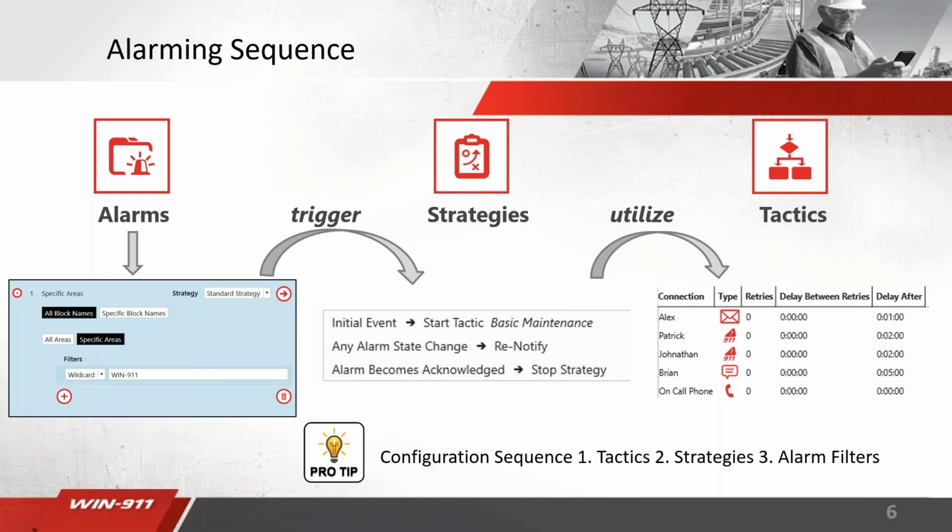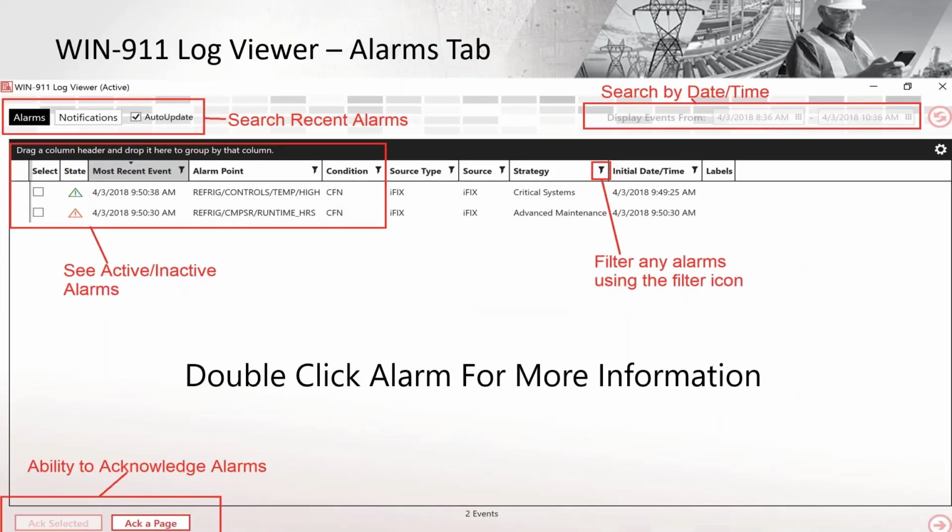What are you doing in the strategy? Its initial event starts a tactic, and then that tactic is your call out list. So alarm goes to the strategy. Strategy is a set of rules, and then it utilizes the tactic that you set up for the call out list. So pretty basic, but just to understand that flow, then we jump into how the log viewer is going to help you with that.